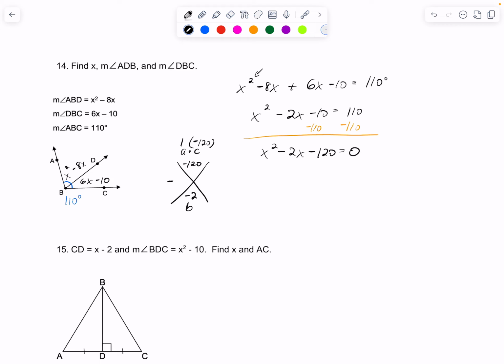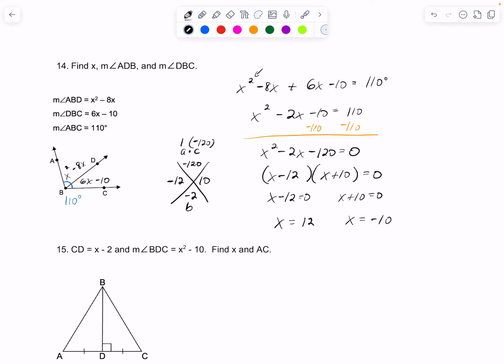I'm thinking negative 12 and positive 10, right? That would multiply to negative 120 and add to a negative 2. So I'm going to factor this as x minus 12 and x plus 10. All right, setting my two factors equal to 0 will allow me to figure out my values for x. So I have positive 12 and negative 10.